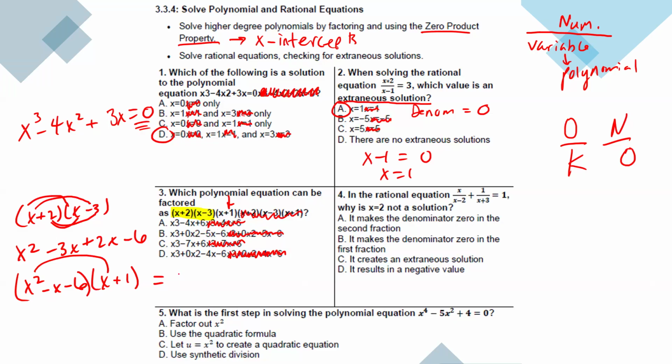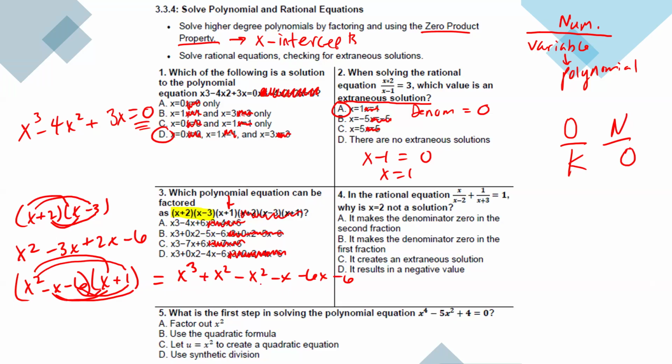X squared times x is x to the third. X squared times 1 is 1x squared. Negative x times x is going to give us negative x squared. Negative x times 1 gives us negative x. Negative 6 times x gives us negative 6x. And negative 6 times 1 gives us negative 6.